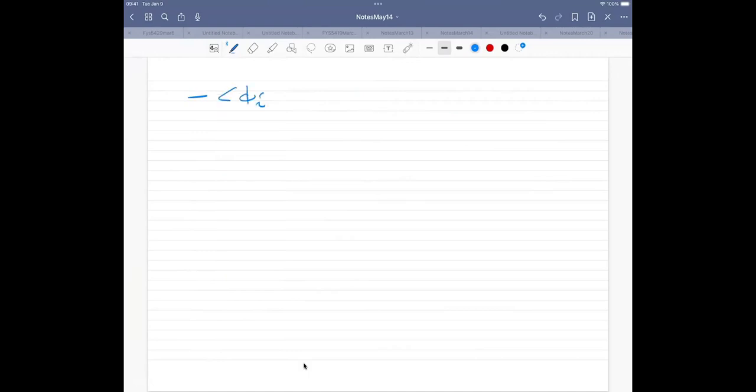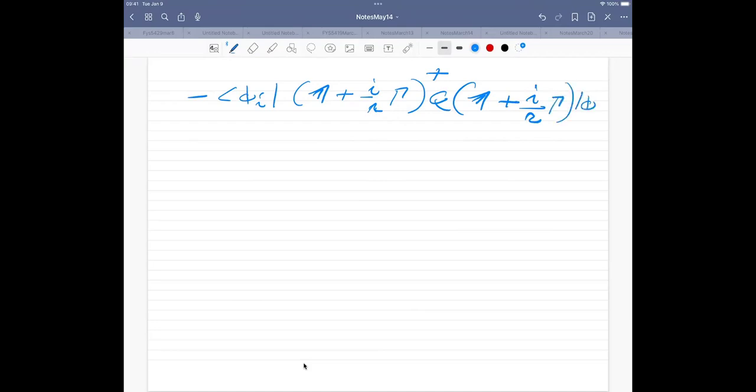So I get a phi of i, and now I have an identity plus i divided by this eigenvalue r of the matrix gamma, and then the complex conjugate of Q, multiplied with the identity plus i divided by r of gamma, multiplied with phi of i. And that terminates the expression here.